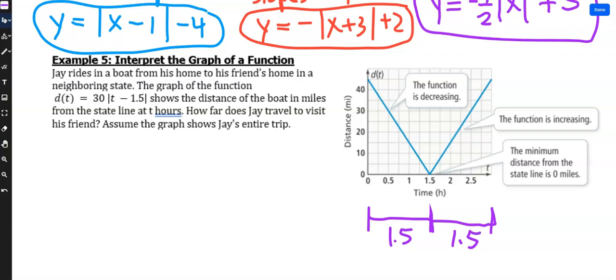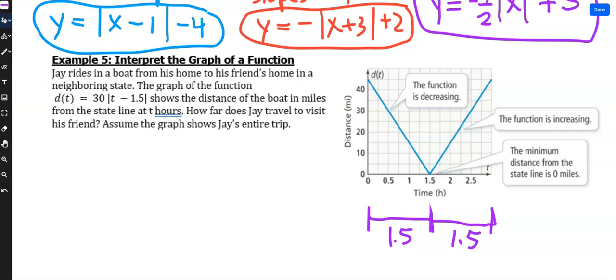So when it says, how far does Jay travel to visit his friend, I'm like, okay, just to get there to see him? Or do you mean to get there and get back? So that's kind of misleading, because I would say 1.5 hours, but if you're saying with travel time to get back, then a total of 3.